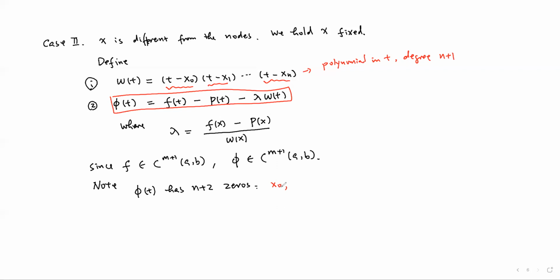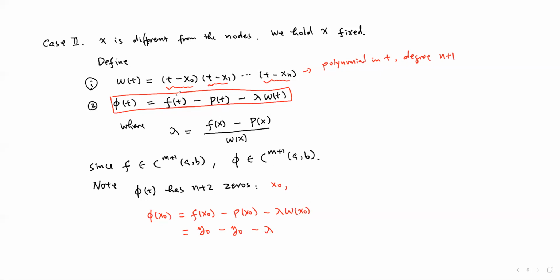Phi(x0) is f(x0) minus p(x0) minus lambda w(x0). The function value at x0 is y0, because p is the interpolation polynomial, its value at x0 is also y0, and lambda is a constant since we hold x fixed.